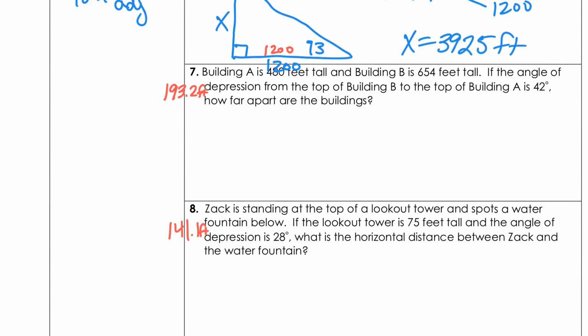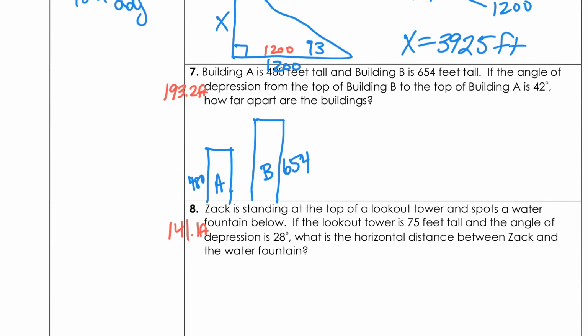Number 7, a building is 480 feet tall. So building A is 480 feet. Building B is 654 feet tall.